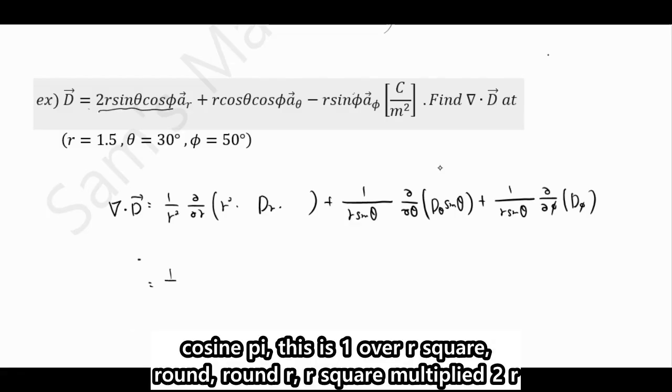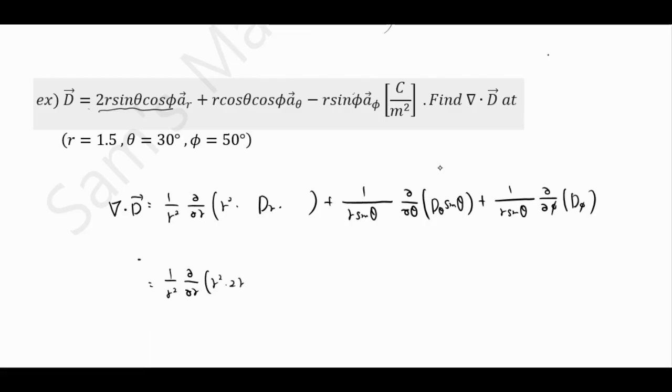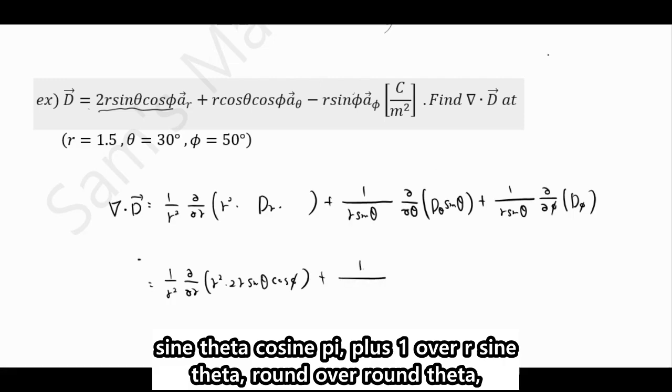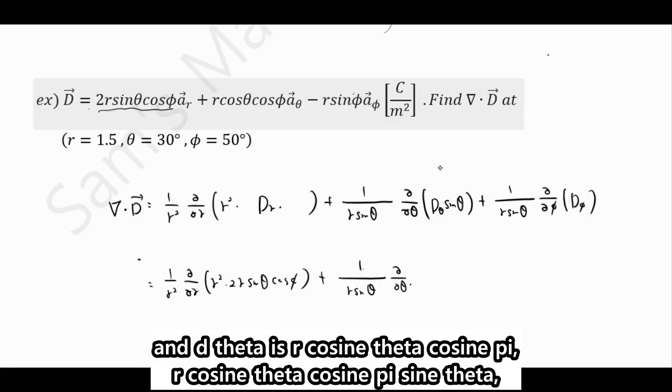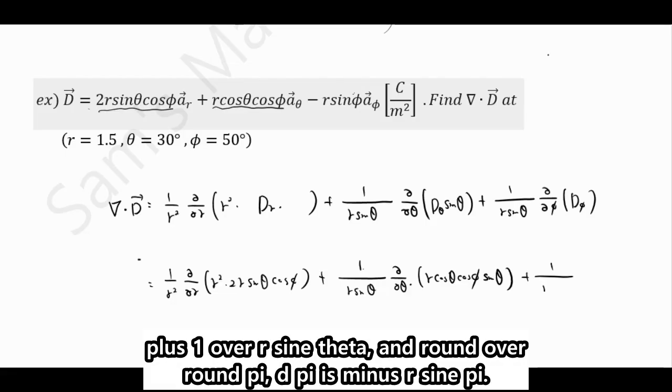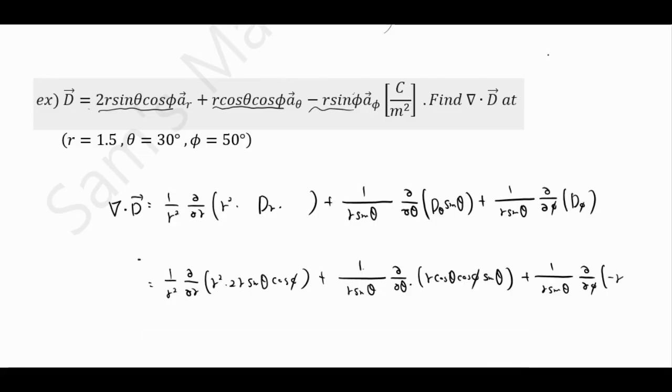This is 1 over r square, partial over partial r, of r square multiplied by 2r sine theta cosine phi, plus 1 over r sine theta, partial over partial theta, of D theta, which is r cosine theta cosine phi, times sine theta, plus 1 over r sine theta, partial over partial phi, of D phi, which is minus r sine phi.